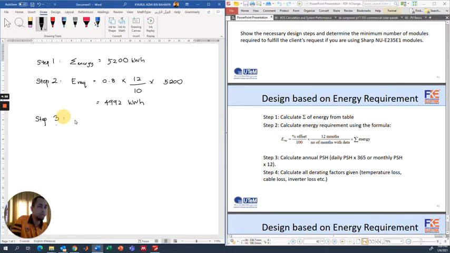So we have PSH annual is equal to 4.5 hours multiplied by 365 days. So we get 1642.5 hours.